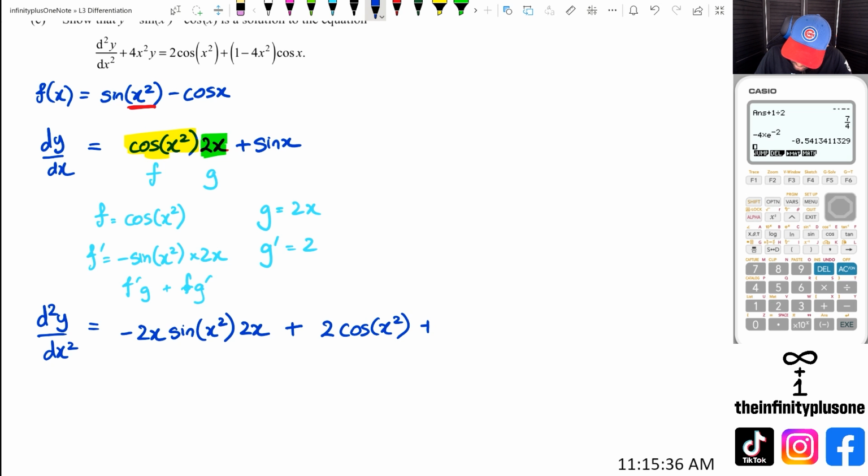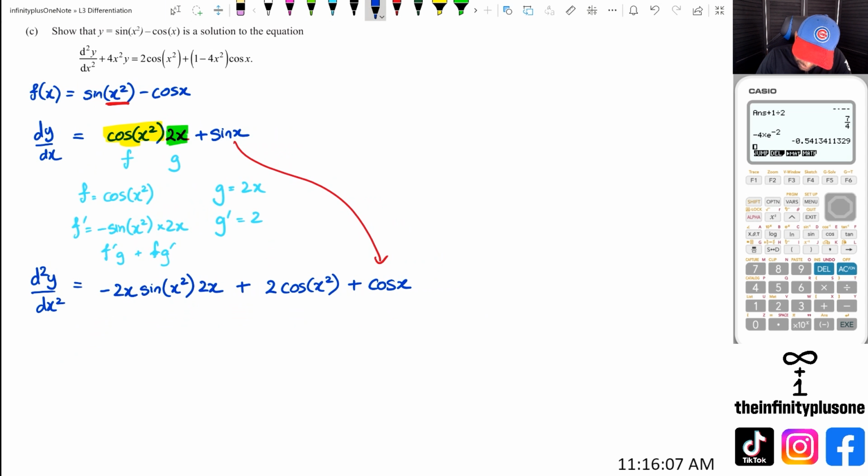Then I've got differentiation of that sine x, which is cos x. So this thing still needs to be differentiated. And I think I've got something here, 2 cos x squared minus 4x squared sine x squared. Yep, that's all looking good. So this is basically the second part of it, right? Now somehow I need to prove that that is equal to the right hand side.